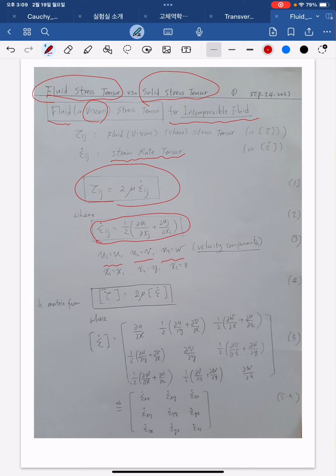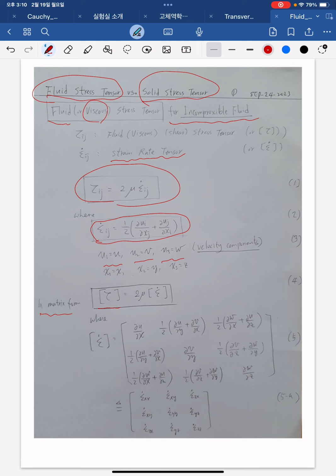So in matrix form, the fluid or viscous stress tensor equals 2 mu times the strain rate tensor. Mu denotes the viscosity.